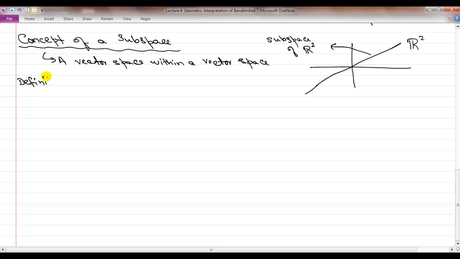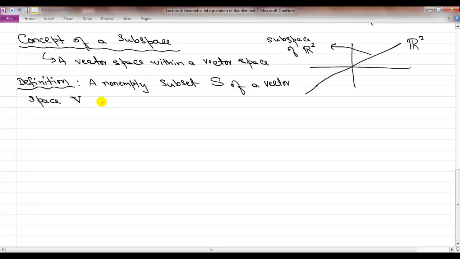So the definition is, a non-empty subset S of a vector space is a subspace whenever the following two hold.